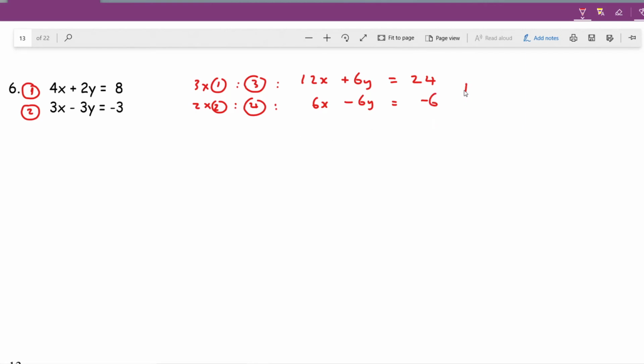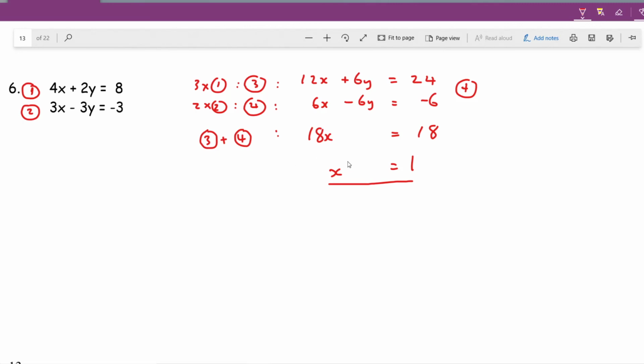Now if I add these two equations together, equation 3 add equation 4, I'll get 12x plus 6x is 18x. The y's, if I add those together, will disappear. And 12 add minus 6, just 12 minus 6, is 6. So 18x equals 18, therefore x must equal 1.